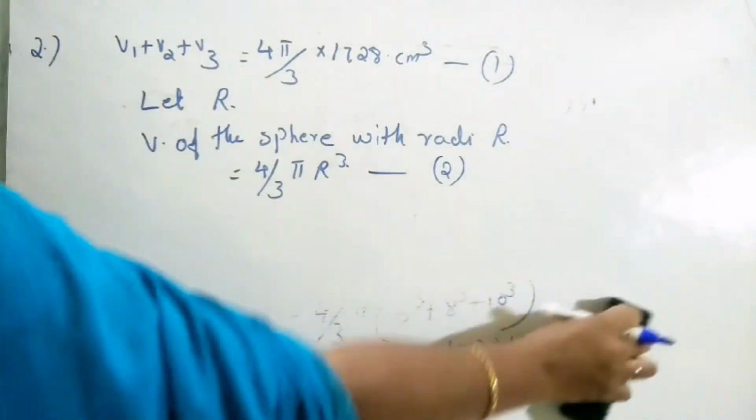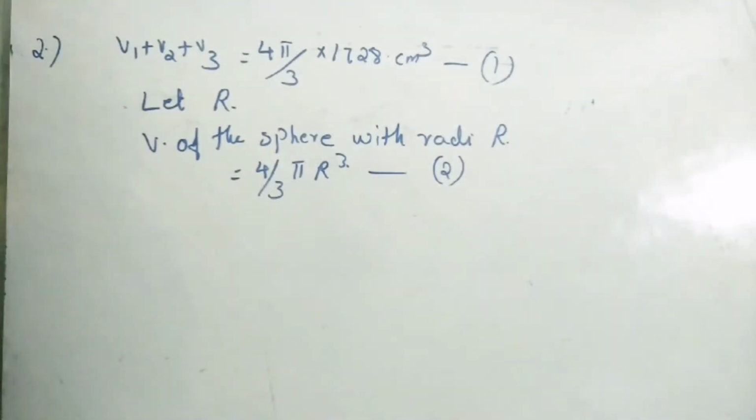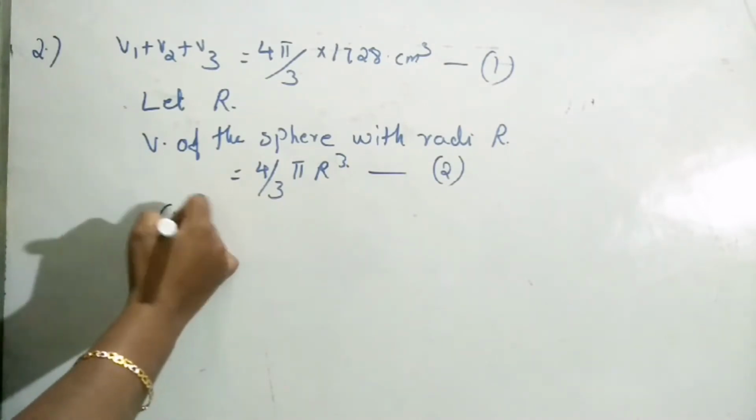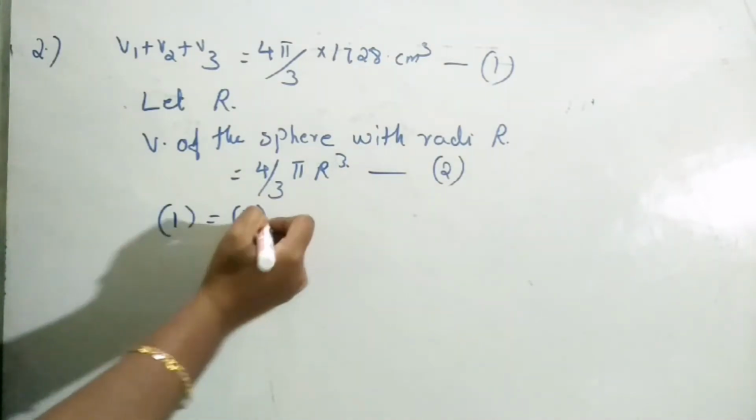Volume before conversion, that is equation number 1, and volume after conversion, that is equation number 2. According to the question, equation number 1 equals equation number 2.